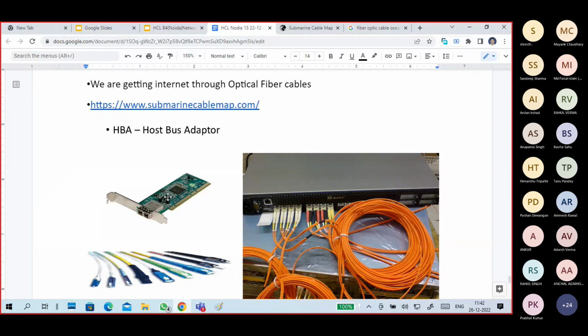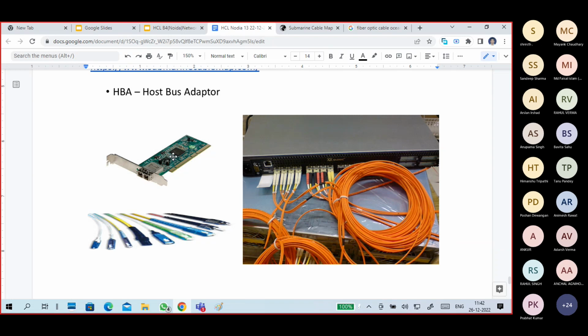That is called an HBA, host bus adapter, required to connect fiber optical cables. The other end of the cable should be connected to a switch. It is not a normal switch, a fiber optical switch is required. So you have to purchase this much equipment, which makes it very costly.